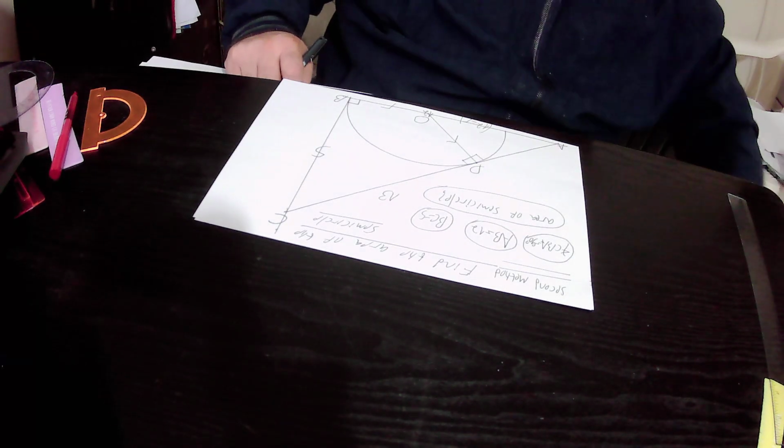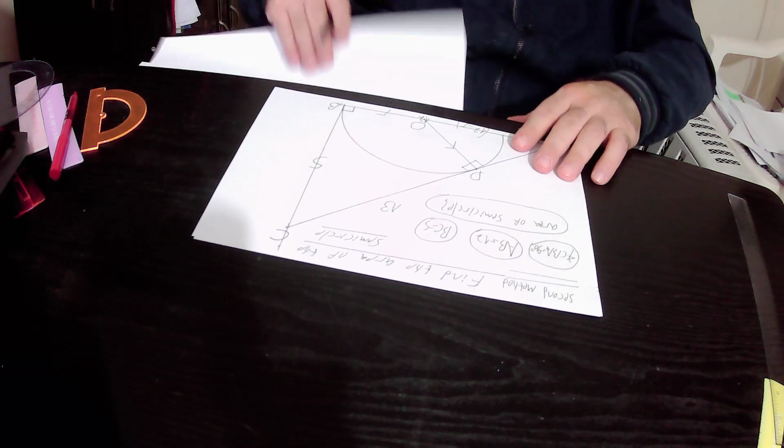So what is the meaning of rule number 2 or two tangents theorem?